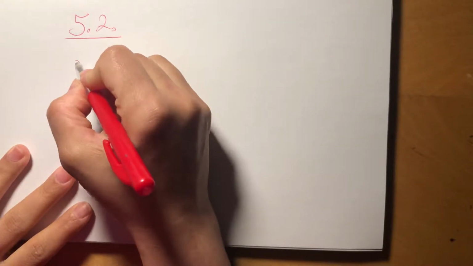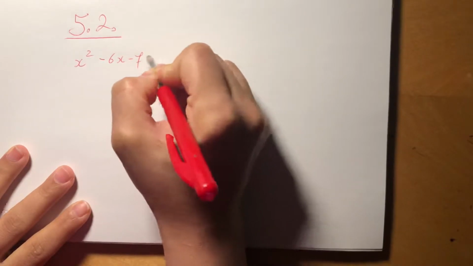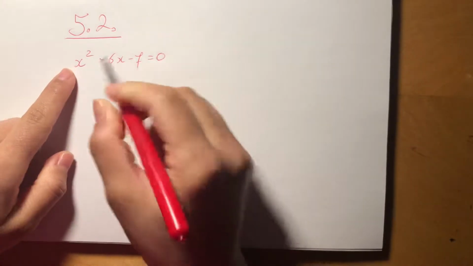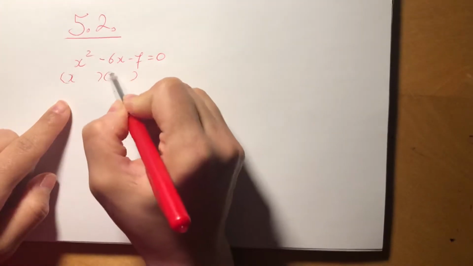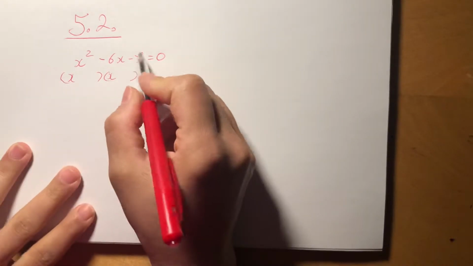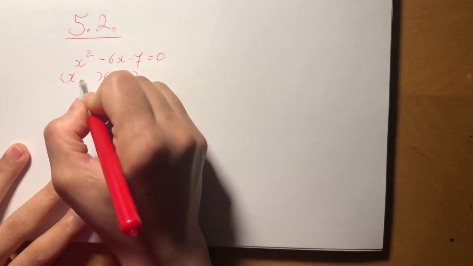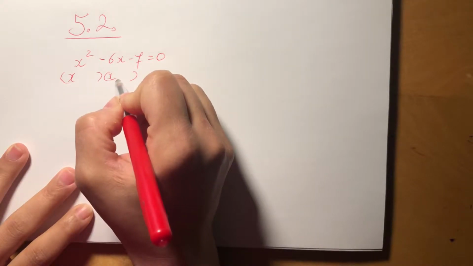Two ways of factorizing. You've got x to the power of 2 minus 6x minus 7 is 0. And then you see, okay, I can immediately see that this one will become x and x. Think with me, guys. What will this become? Minus 1 times positive 6?